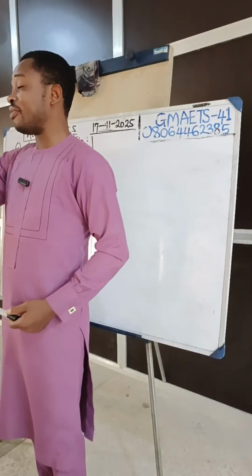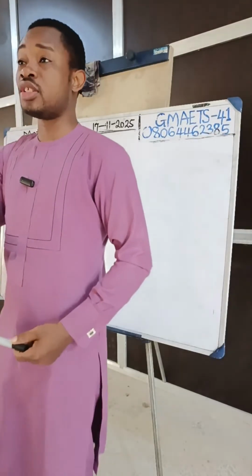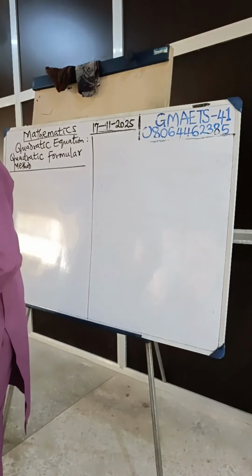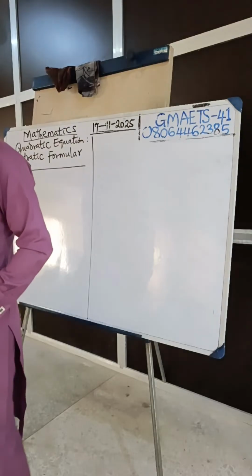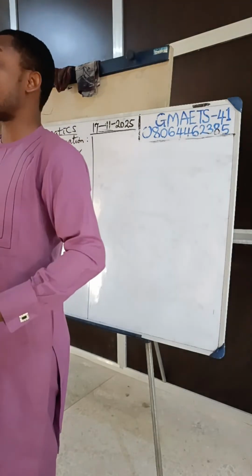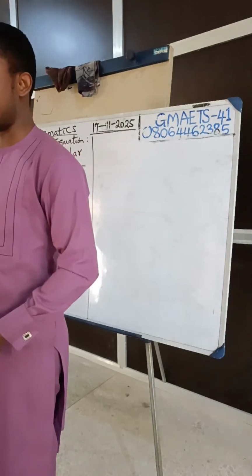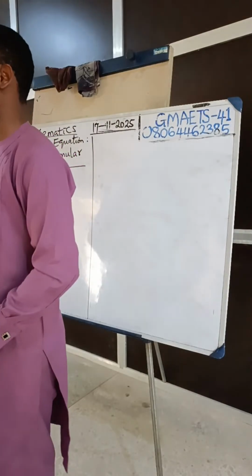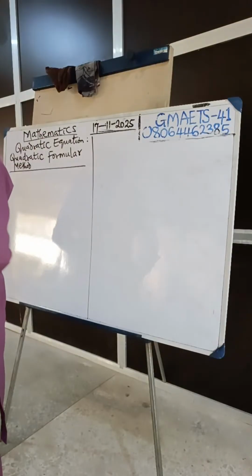So very significant, very important that my dear friends should have that formula at heart already. You should have memorized that formula, because an examiner, for example in your WAEC, can force you to use that method and solve a particular question.